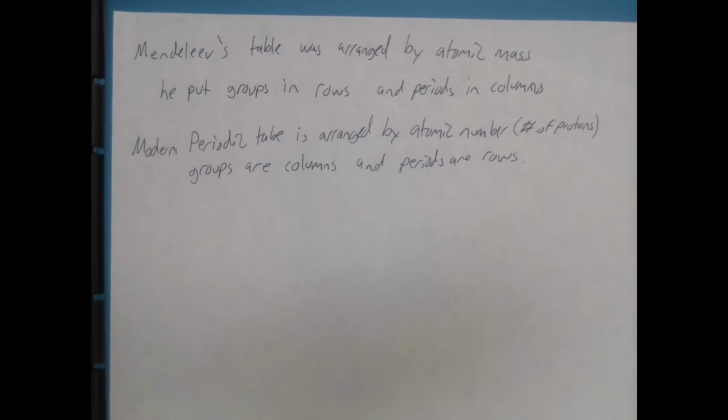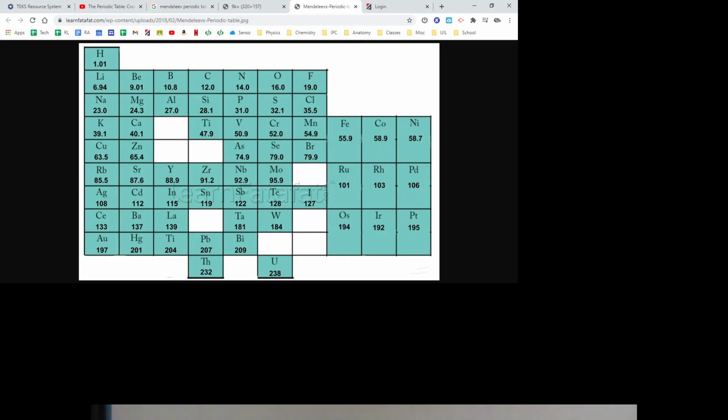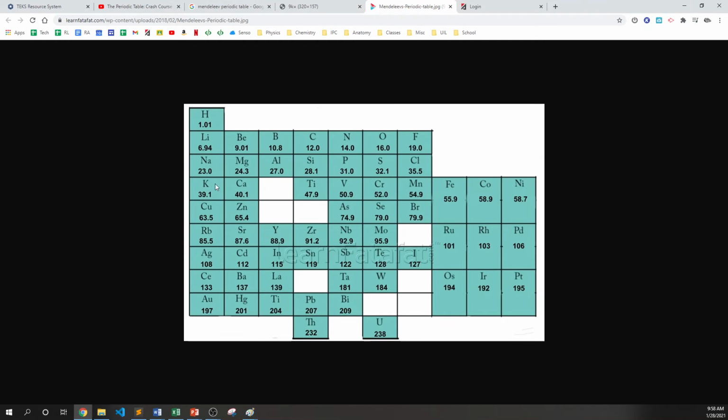If you were to organize his table closer to looking like our modern table, it would look more like this. So here's a modernized version of his table, where we flip it around so that, again, hydrogen was all by itself. You can move it anywhere. And we get these groups.